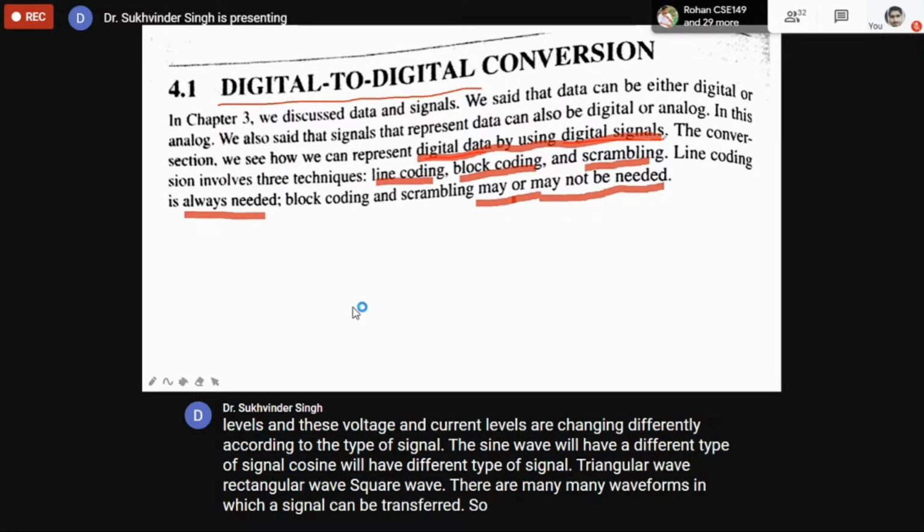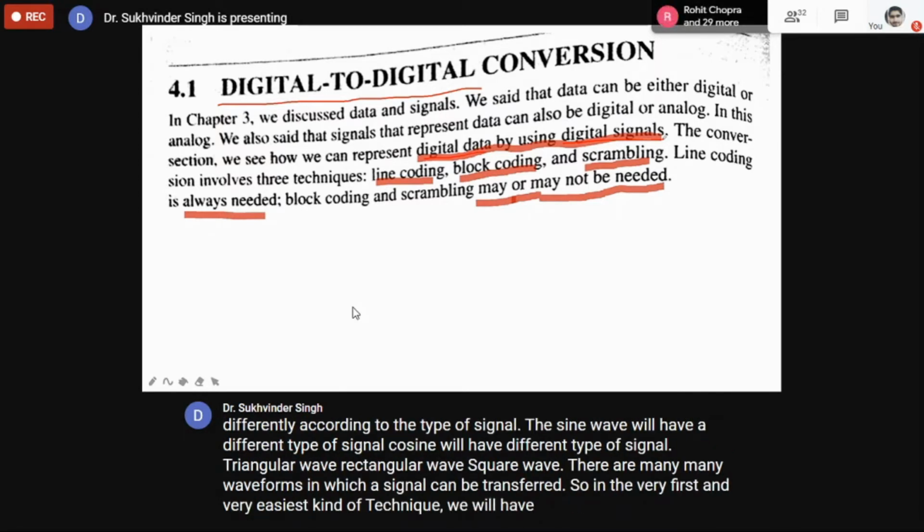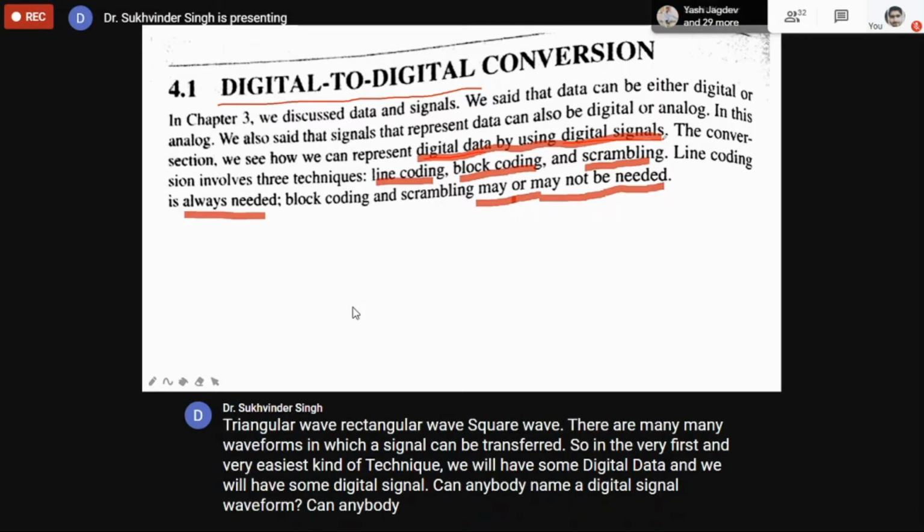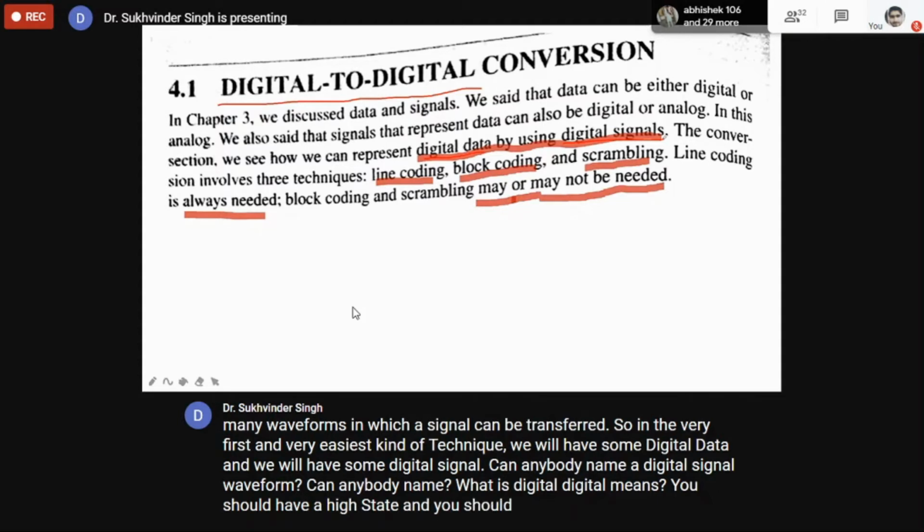So in the very first and very easiest kind of technique, we will have some digital data and we will have some digital signal. Can anybody name a digital signal waveform? What is digital? Digital means you should have a high state and you should have a low state.